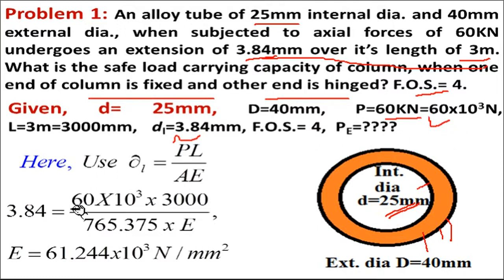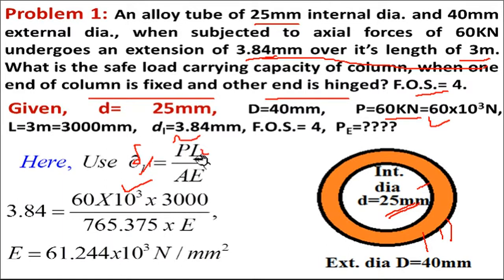Whenever we know all these things, we can use the formula for delta L from unit 1, stress and strain. Delta L is equal to PL upon E, stress upon strain. P is known, it is the axial load. In this formula we are using all the axial terms, so the length is not the effective length, it is the actual length.